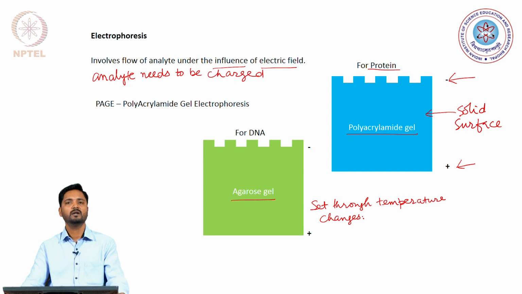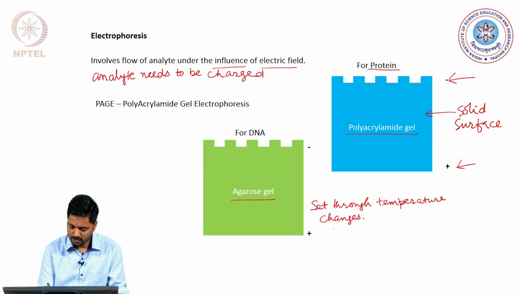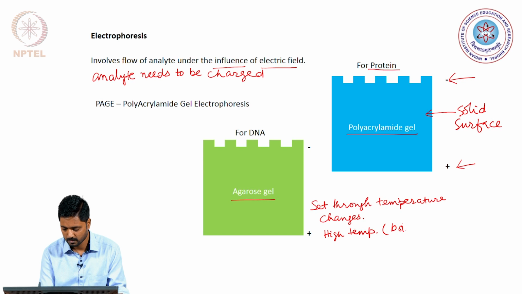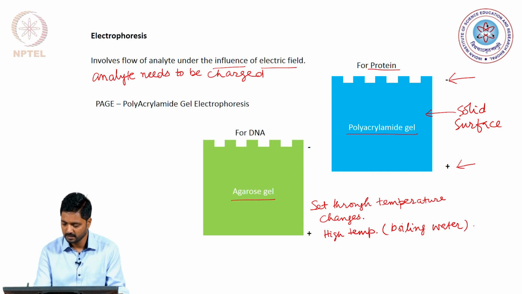So, for example, at high temperature, that is in boiling water, agarose is a viscous liquid, but as this solution cools we get a gel at room temperature.